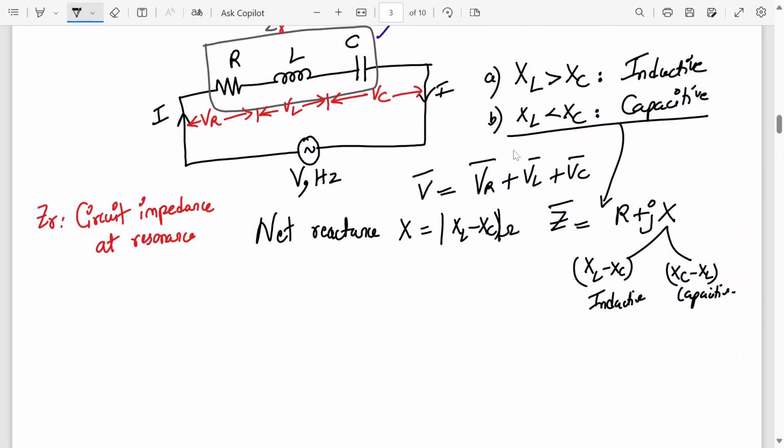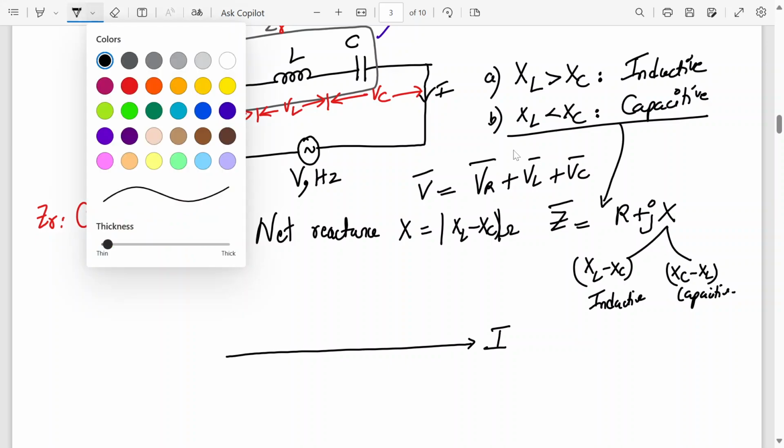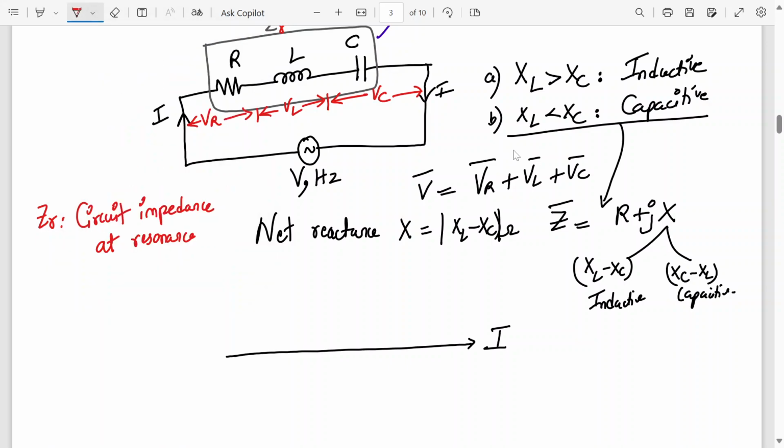Now, if I draw the phasor diagram for this RLC series circuit, do you remember? So let's say we have a current on the x-axis. So tell me, where will I draw VR? Just the phasor diagram. Yeah, same axis over here. So this is VR. It's in the same direction as I, current.